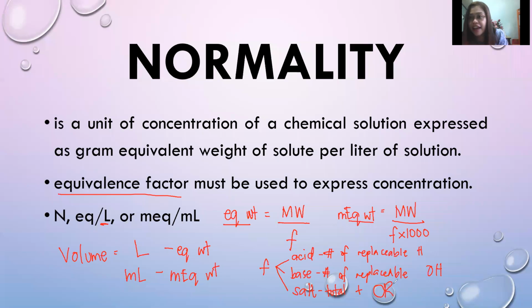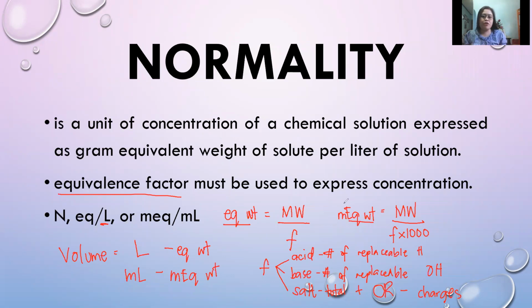It is not and, because with and you would add everything. But with or, it can be the total positive or the total negative charges of the salt. I emphasized or because you can use either the positive or the negative.